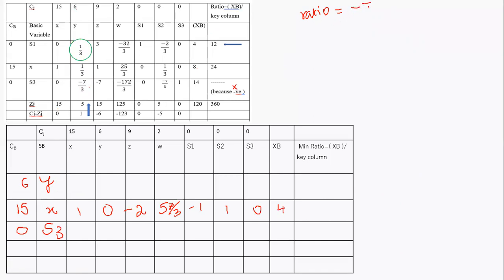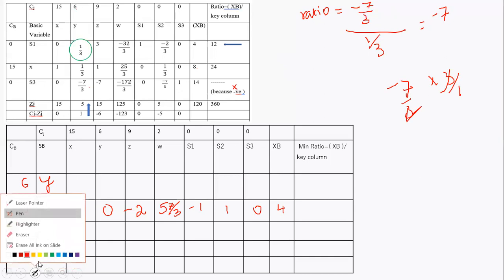Therefore, we want to make this minus 7 by 3 as equal to 0. So the number to be made 0 divided by key number will give us the ratio. So we have got minus 7 by 3, then 3 by 1. So 3 will get cancelled. So therefore now ratio is minus 7. So this is our ratio.